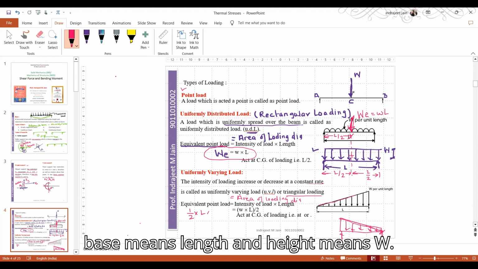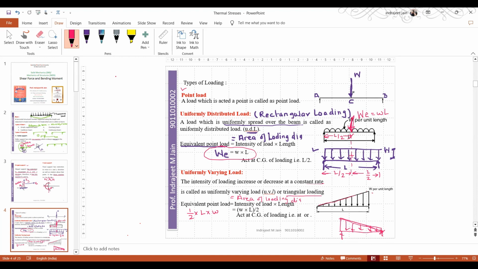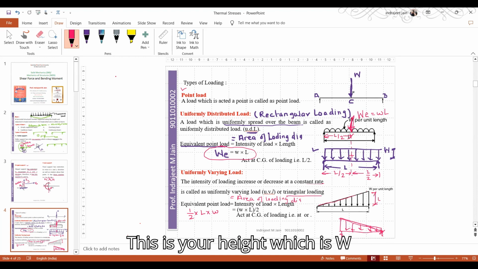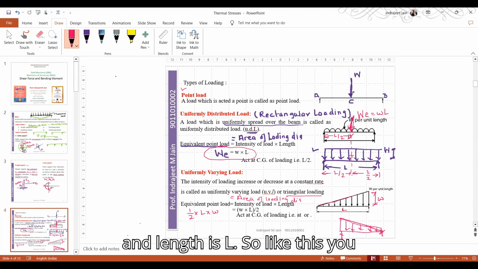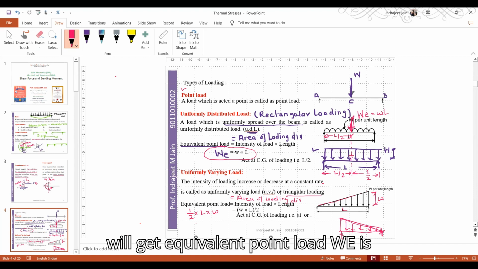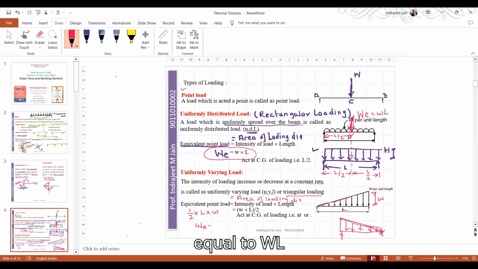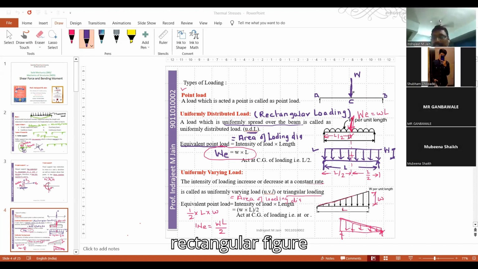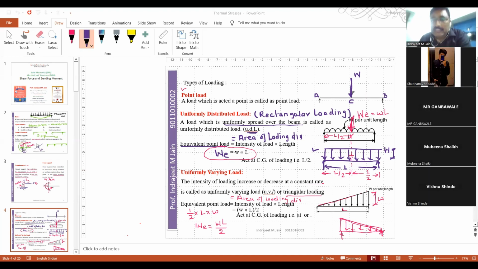Base means length and height means W. This is your height, which is W, and length is L. So like this, you will get equivalent point load WE is equal to WL by 2. Clear?